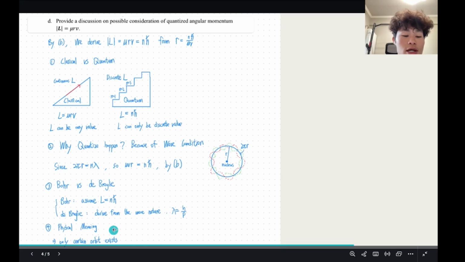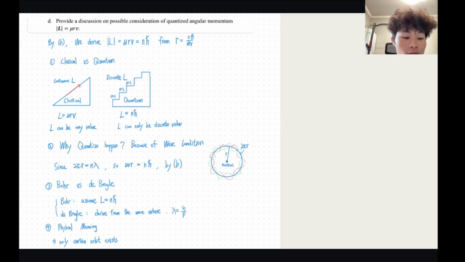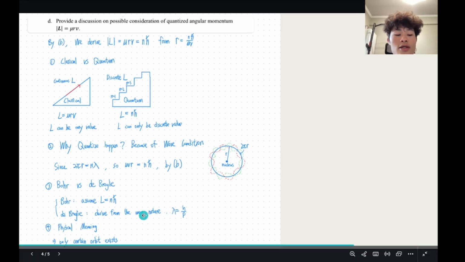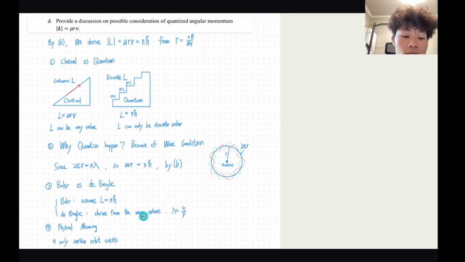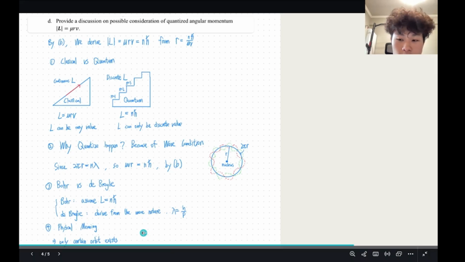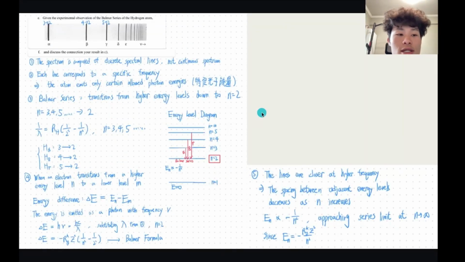And the fourth discussion is the physical meaning. The physical meaning of L equals mu RV is actually that only certain orbits exist. So in question E and question F, we will discuss our observation.